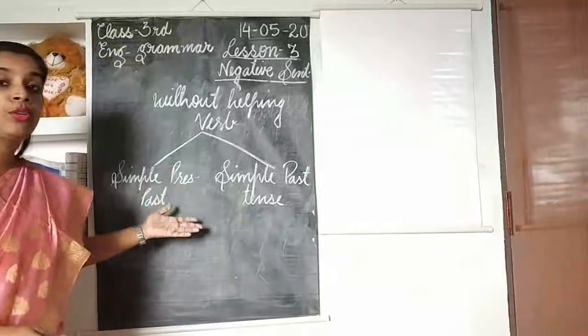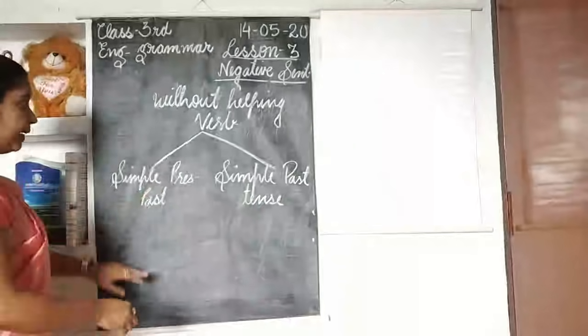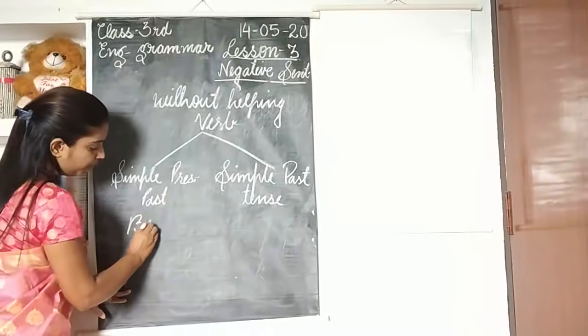And how do you come to know whether the sentence is in simple present tense or simple past tense? You all know that if a sentence is in simple present tense, the base form of verb is used.